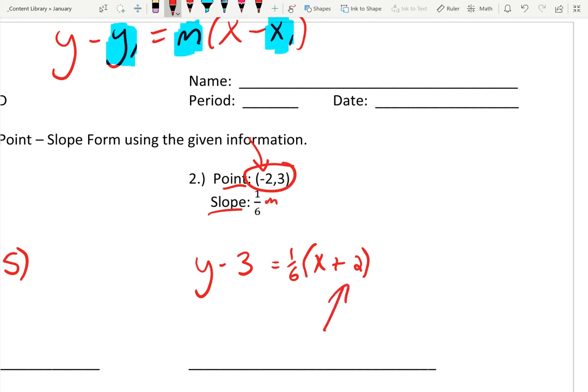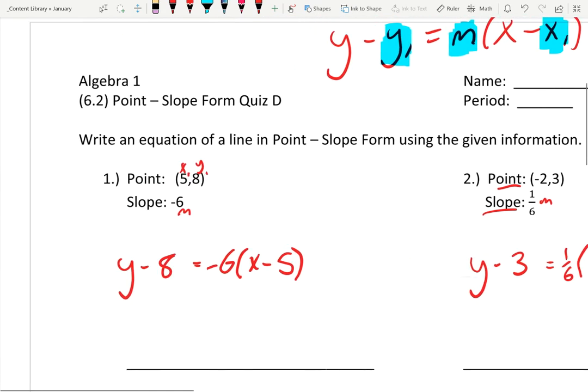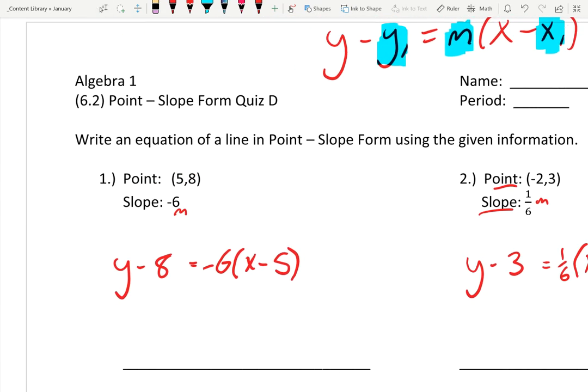A plus 2 is indicating that this is a negative 2, and a minus 3 is indicating it is a positive 3. So minus means a positive number in this case, and a plus means a negative number in this case. So just remember that. And you'll notice here, for my 5 and my 8, both 5 and 8 were positive to start, but of course, when I plug them in, it looks like a minus 5 and a minus 8.